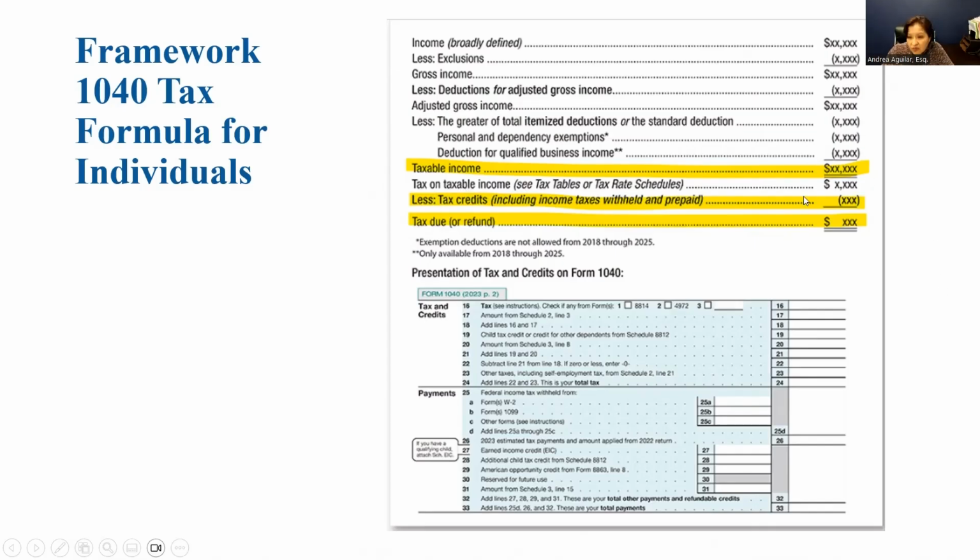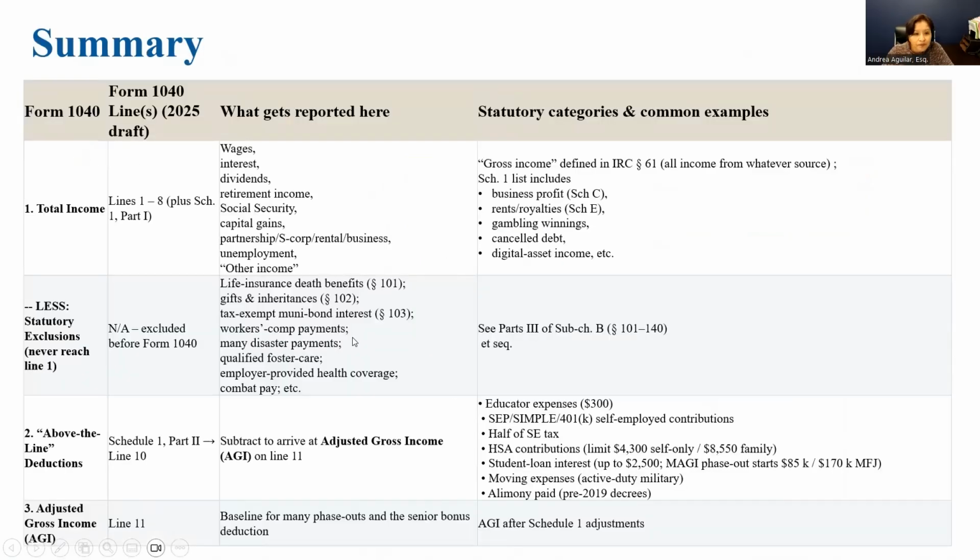After we have calculated the amount of our taxes, we can apply these credits to reduce our taxes and sometimes get a refund, because we have different types of tax credits. Some tax credits will just reduce our tax liability, and another type of credits will allow us to get a check at the end of the presentation of your tax return. So that is the general picture.